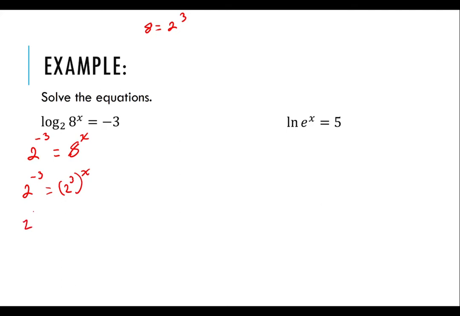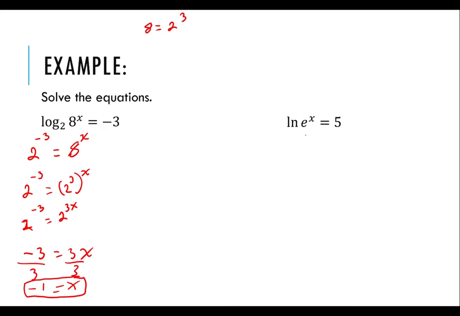Then via power rules gives me 2 to the negative third is equal to 2 to the 3 times x. Then I can set the exponents equal to each other. Negative 3 is equal to 3x. Divide by 3, divide by 3. X is equal to negative 1. We should plug that value back into our logarithm just to make sure that we don't get a negative number, but 8 to the negative first power is really 1 over 8, and so we're perfectly fine.